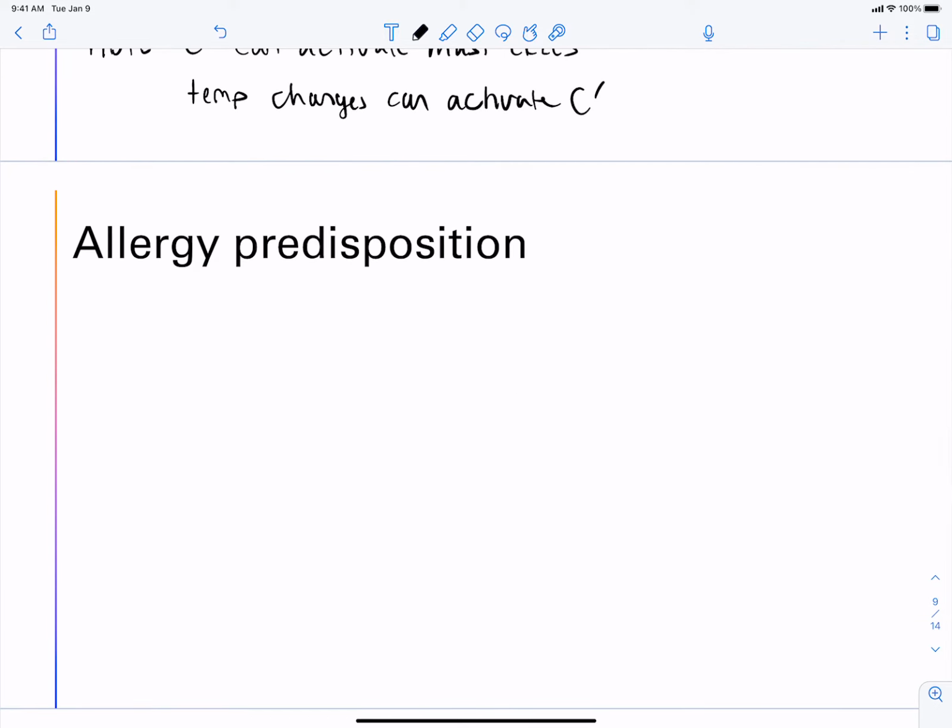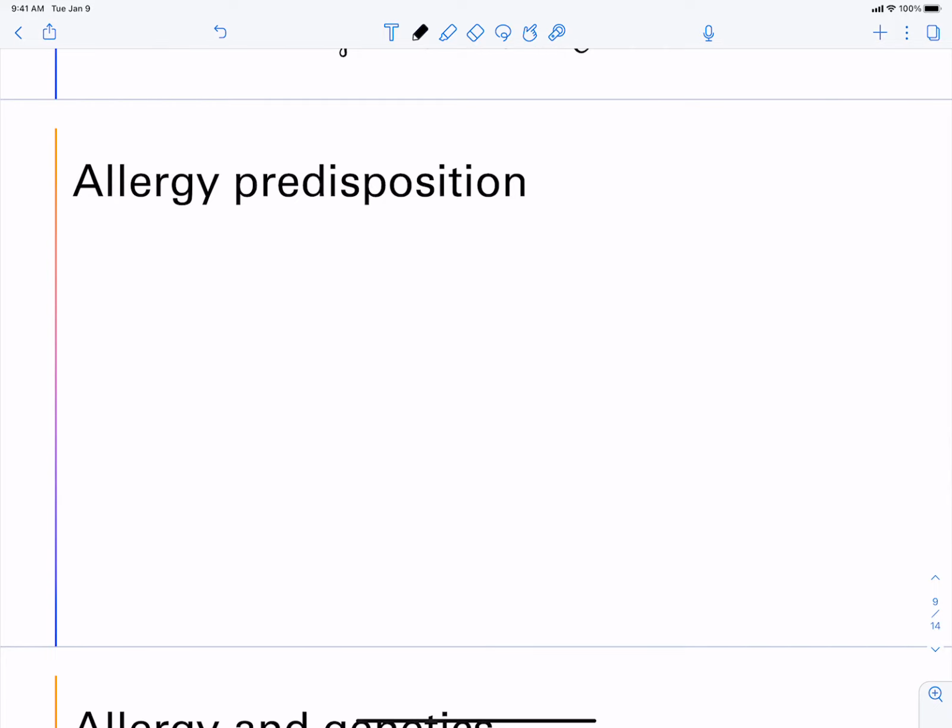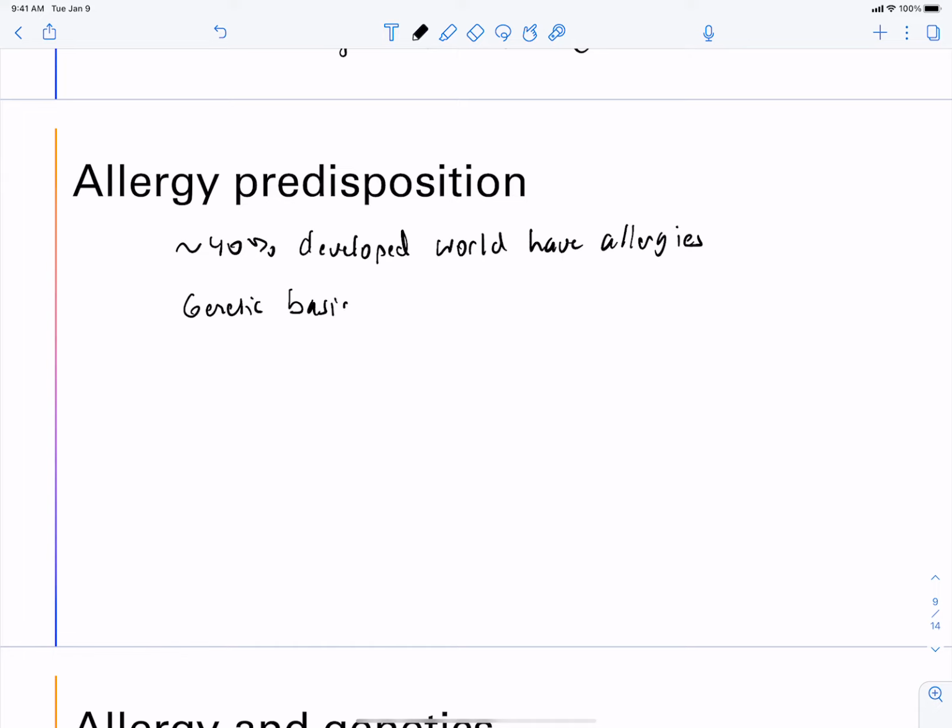Now, with respect to allergy predisposition, about 40% in the developed world have some sort of allergy. And it tends to run in families because of twin studies, so there is a genetic basis. Okay, so it's thought to be about 80% of risk is genetic.